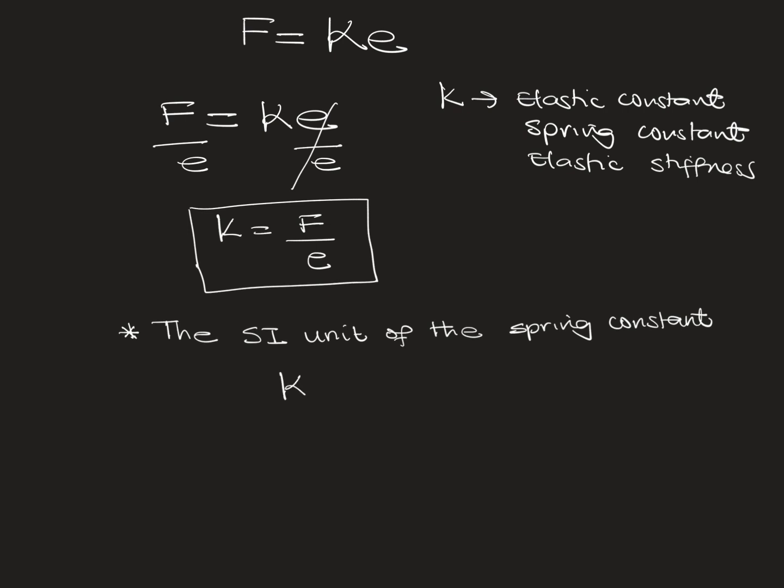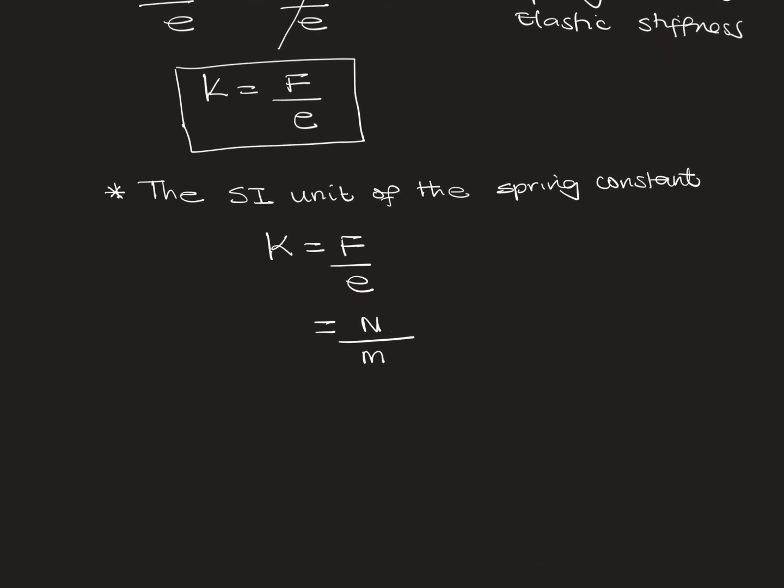So K is equal to F over E. We know that force is measured in newtons divided by the extension, which is change in length and is measured in meters. So in that case, the SI unit will be newtons per meter, or you can express it as Nm to the power -1. That is the SI unit of elastic constant. It is measured in newtons per meter.